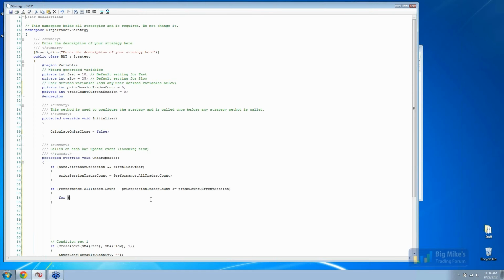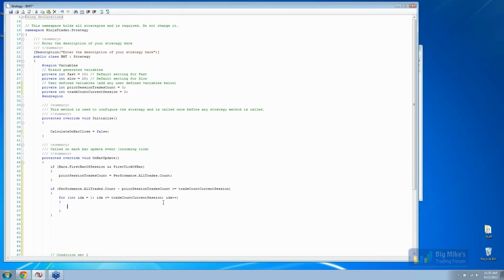So for int index equals 1, if the index is less than or equal to this trade count I have here for the current session, I'm going to go ahead and increment my loop. Then from here, once I have this loop going, I can access the trade collection.